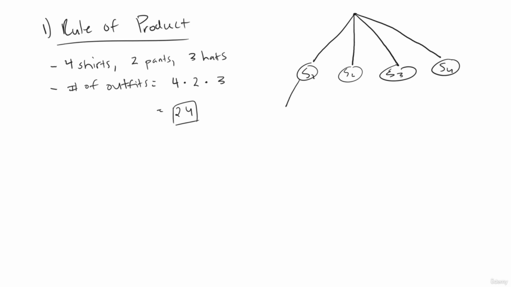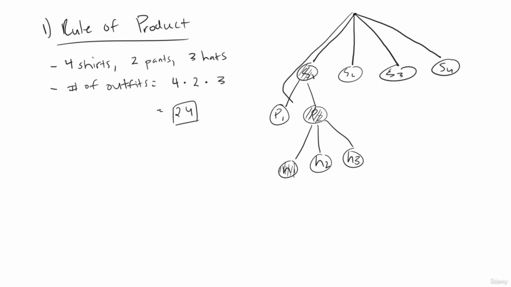But let's just say they decided to pick shirt 1. Well, that means they have shirt 1 plus 2 different styles of pants. And then under P1, let's say they actually don't select P1. Let's say they select the second pant style. And so if they select this pant style, they have 3 different types of hats that they can choose from, right? And let's say they pick the first hat.